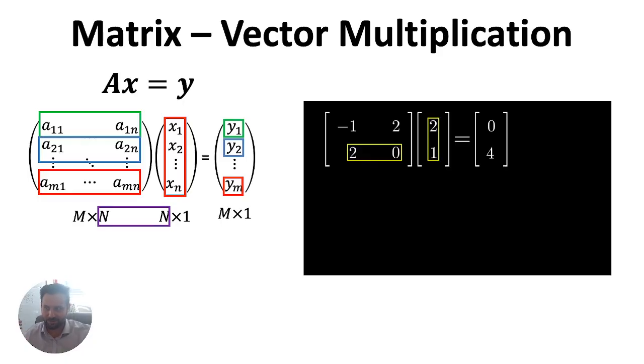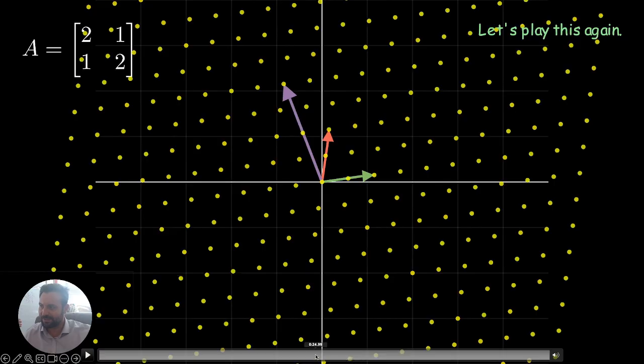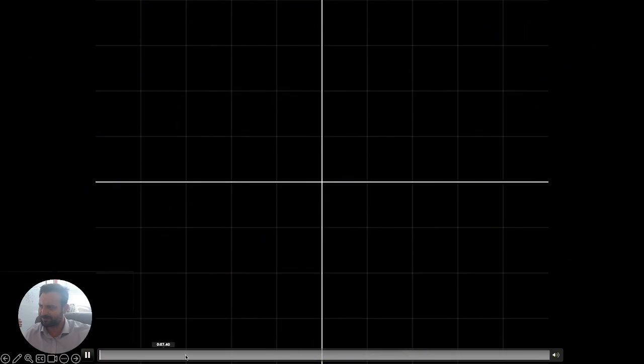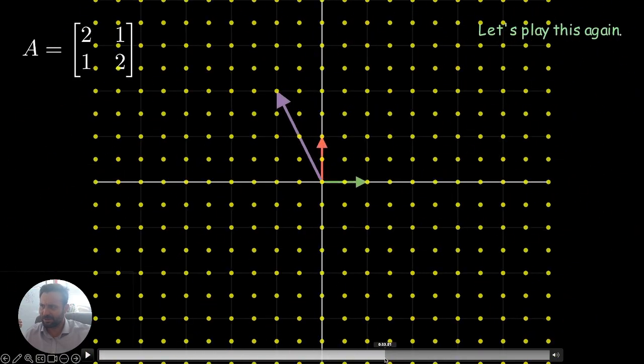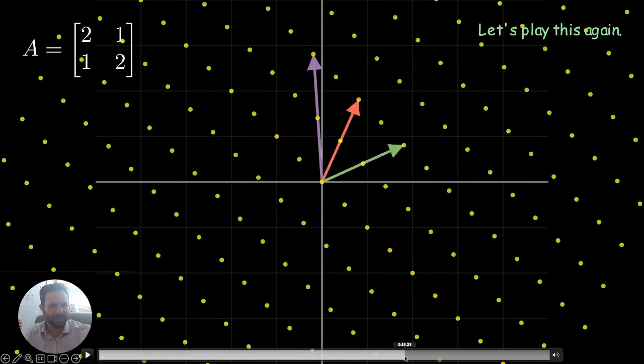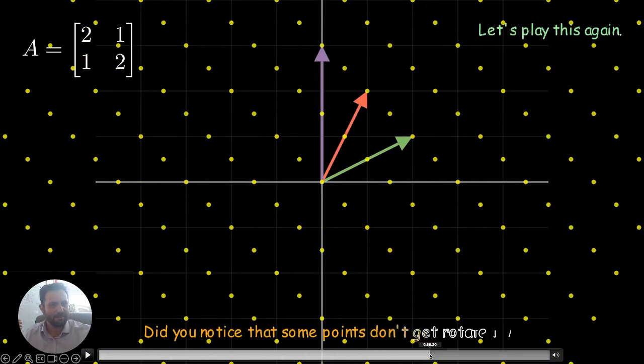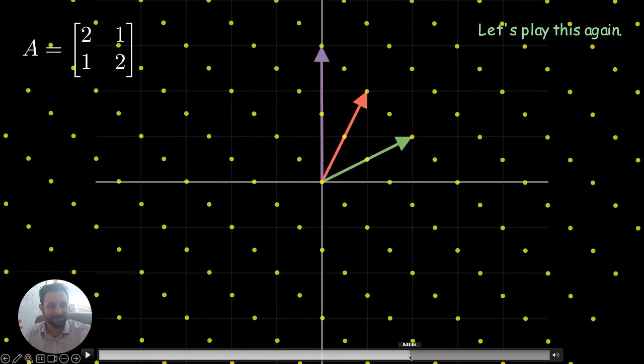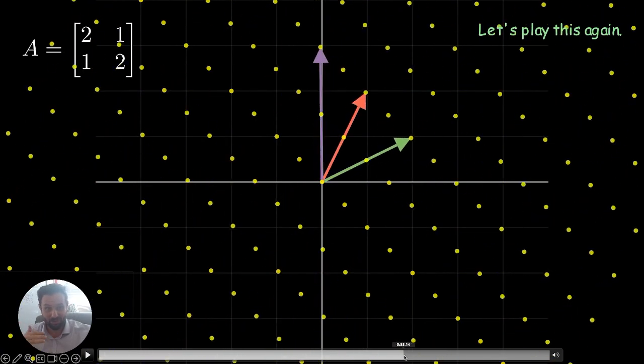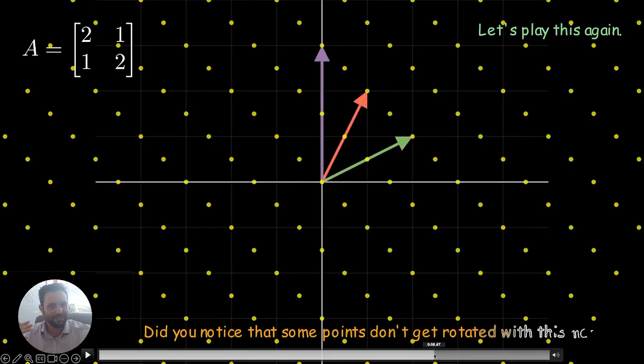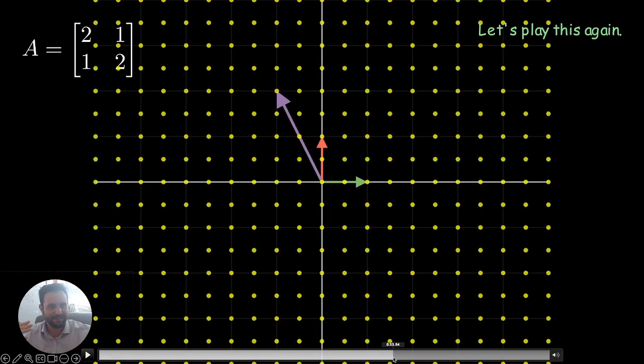So this is important. When we transform the space, all of the data points find their new locations. And there are some data points, some directions, that don't get affected by this. Do you see this?